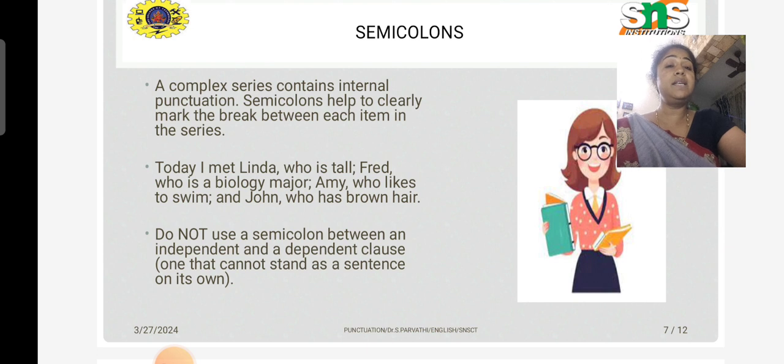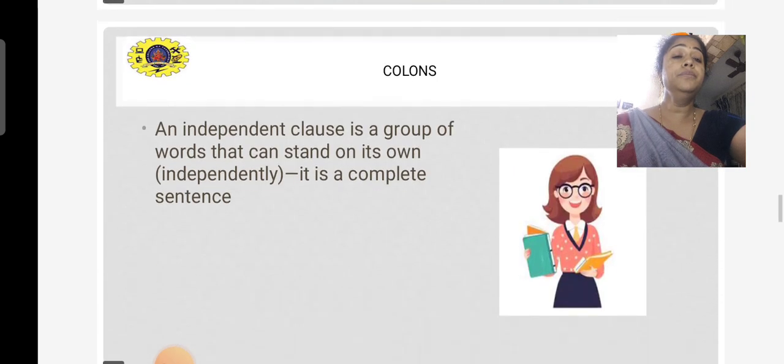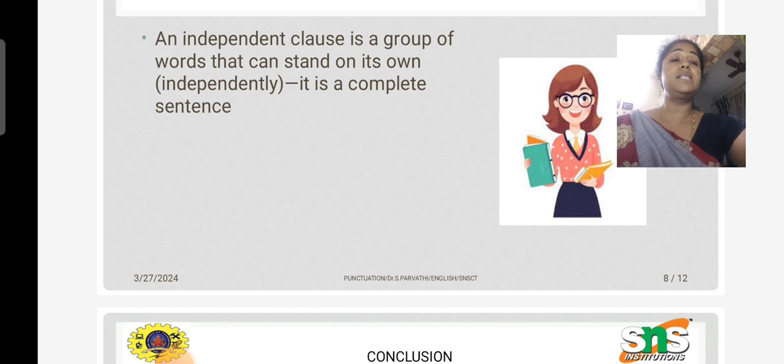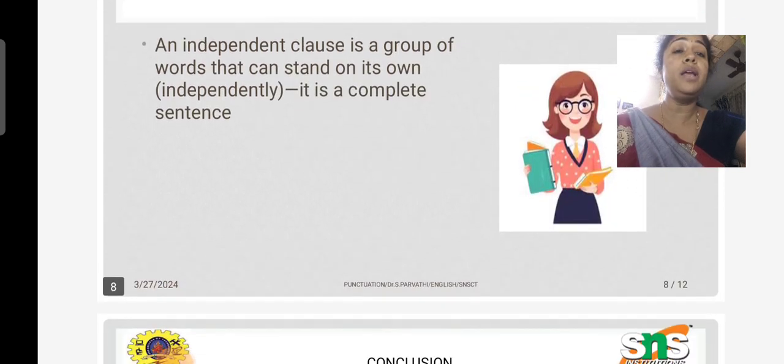This is the reason we are giving punctuation, because it is easy to read and understand the given piece of written text. And do not use a semicolon between an independent and a dependent clause. An independent clause is a group of words that can stand on its own.